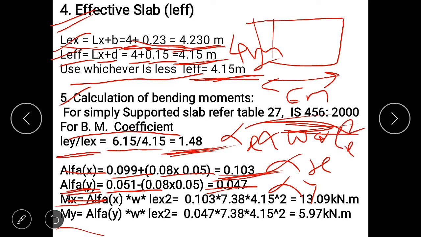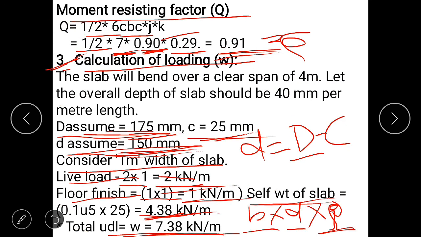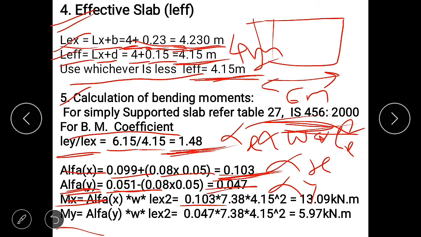Alpha x we calculated is 0.103, into w. In the third step we calculated w, the total UDL, which is 7.38. And the L effective is 4.15, calculated in step number 4. So Mx is 13.09 kilonewton meter.